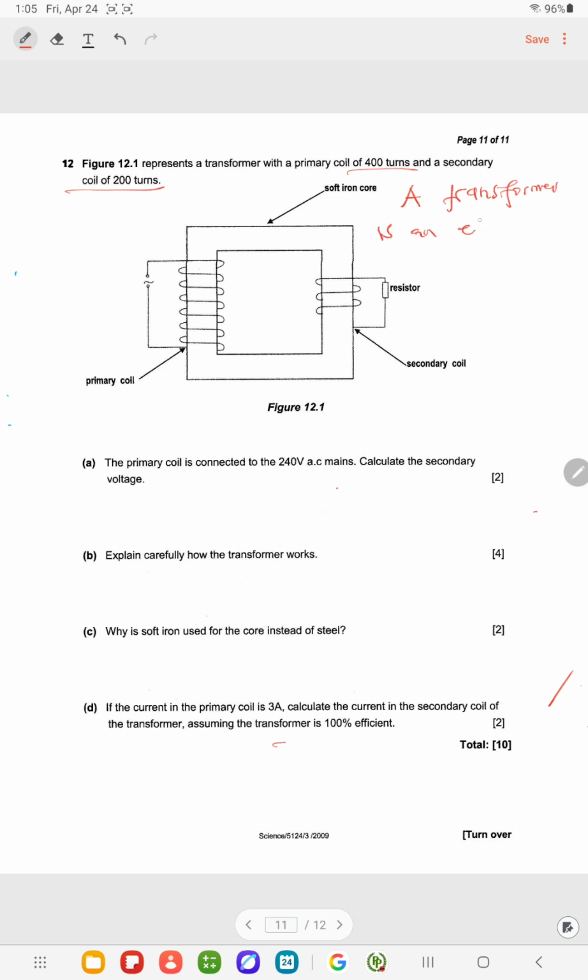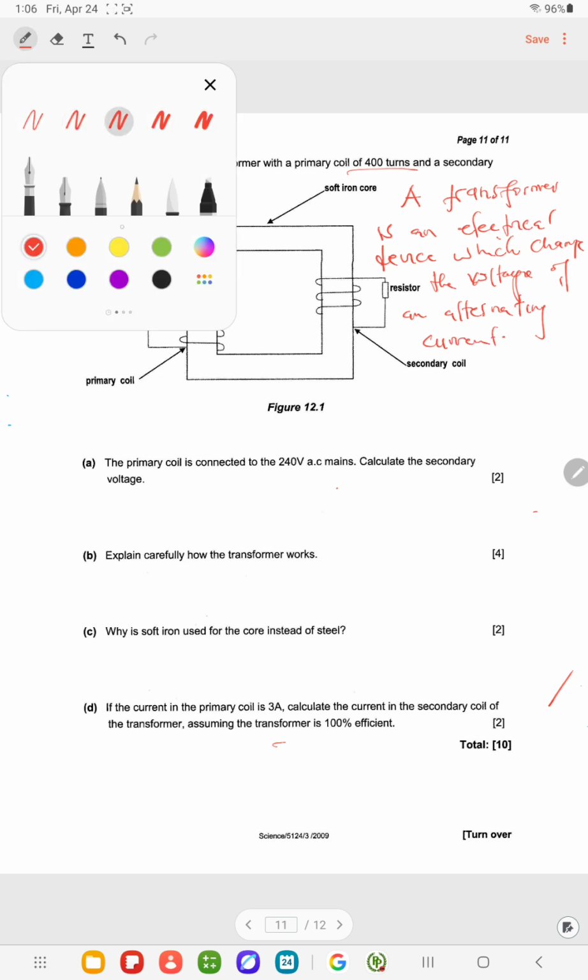is an electrical device which changes the voltage of an alternating current.